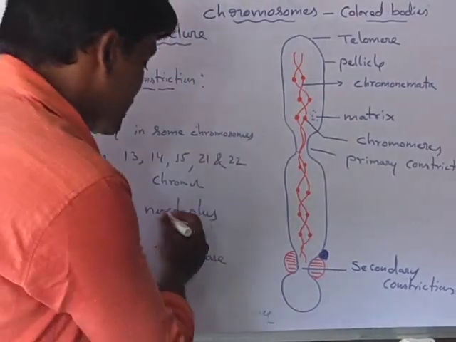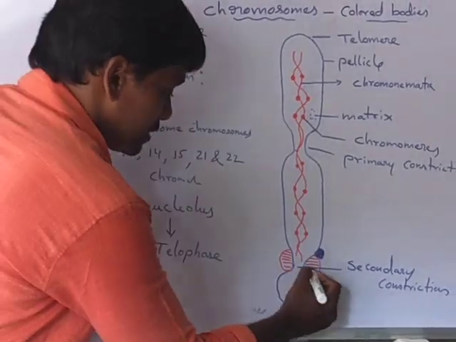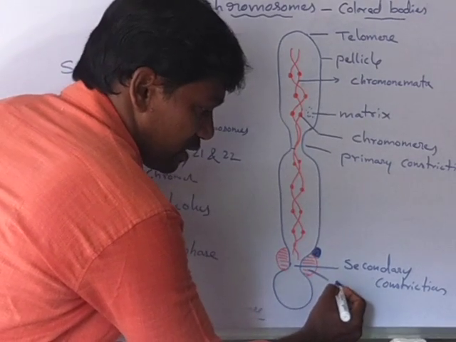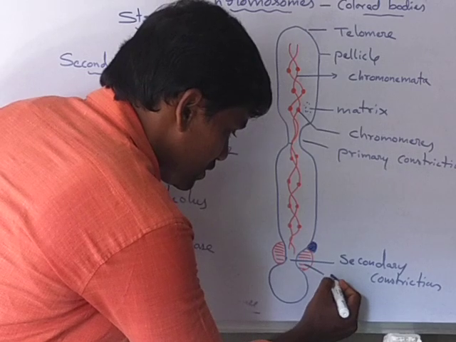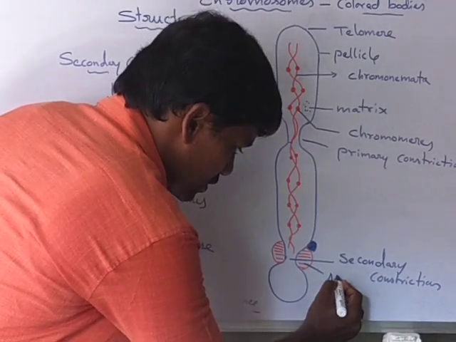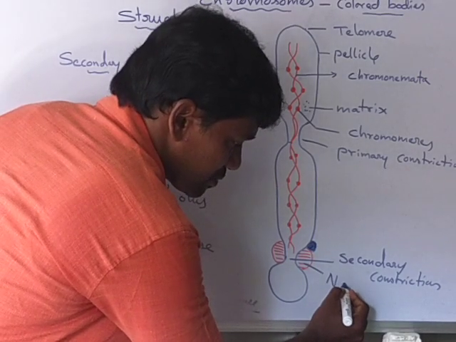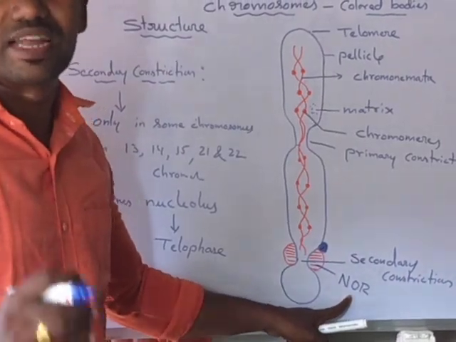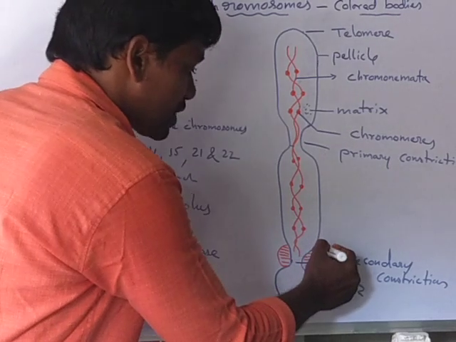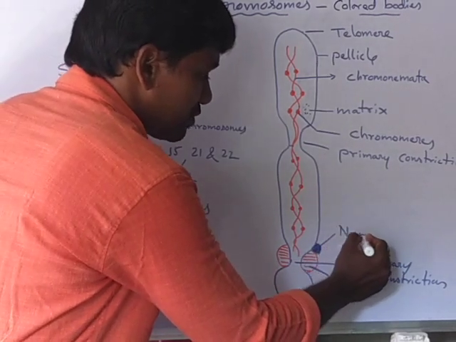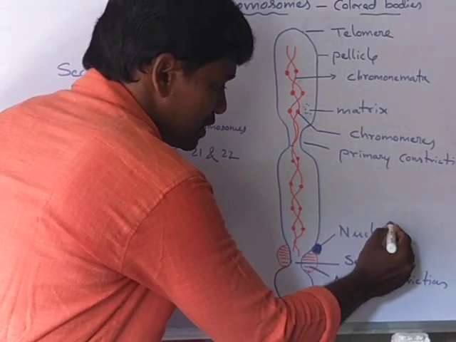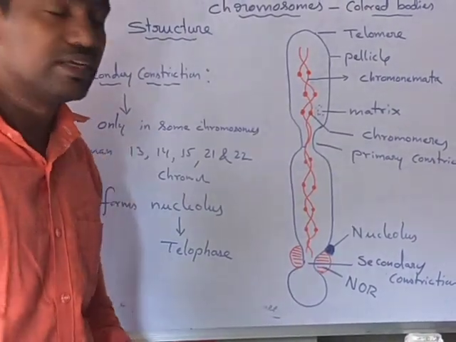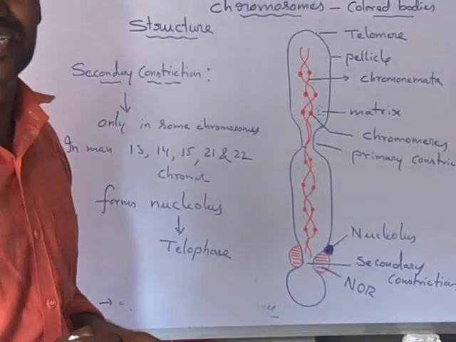That's why the secondary constriction is called the nucleolar organizer. It forms the nucleolus at the time of telophase of cell division. So this is about the secondary constriction.